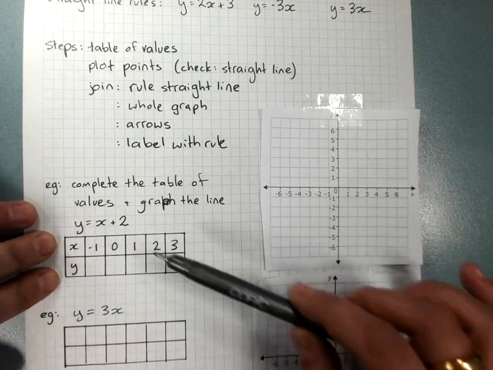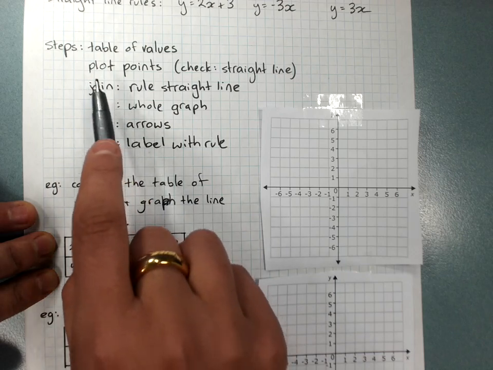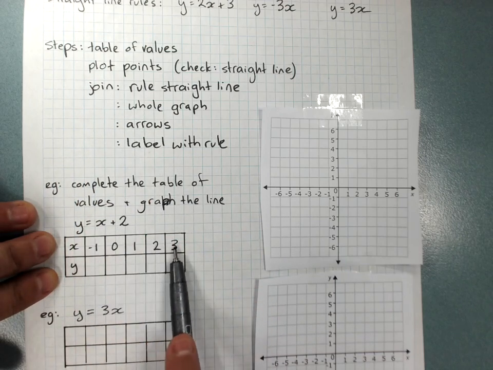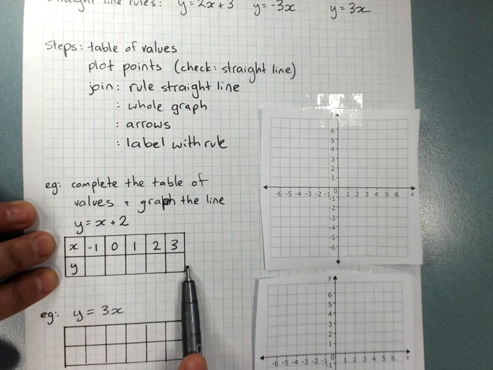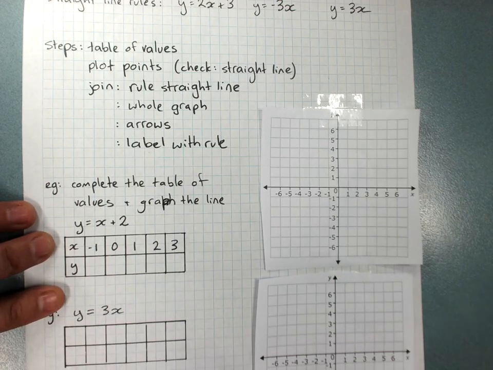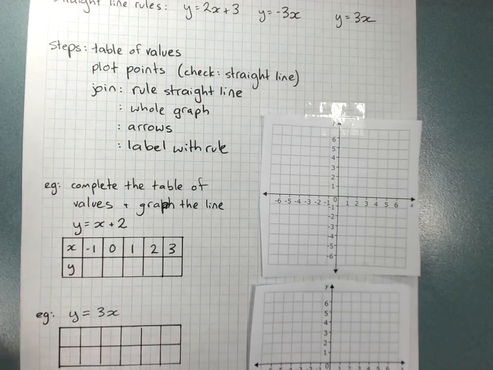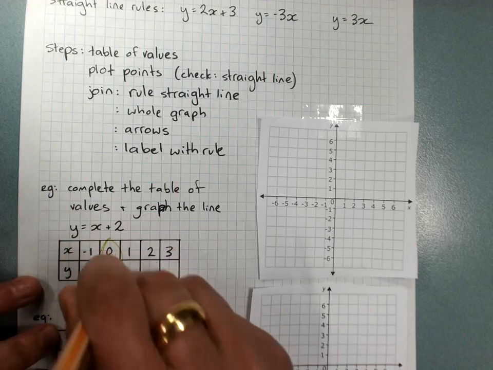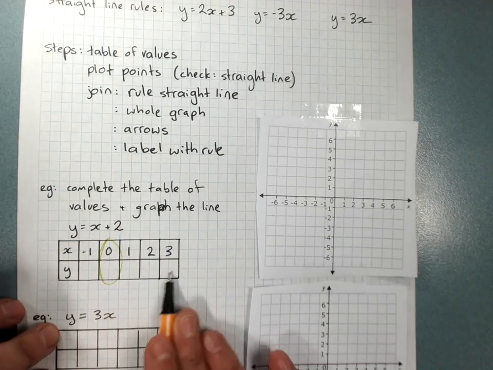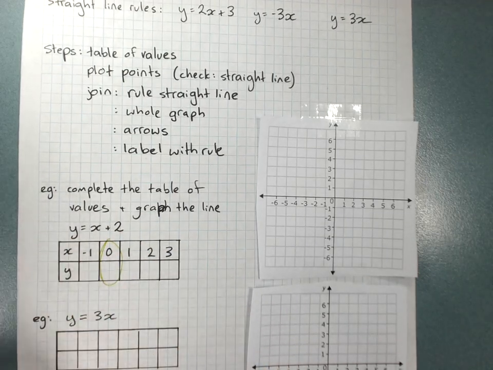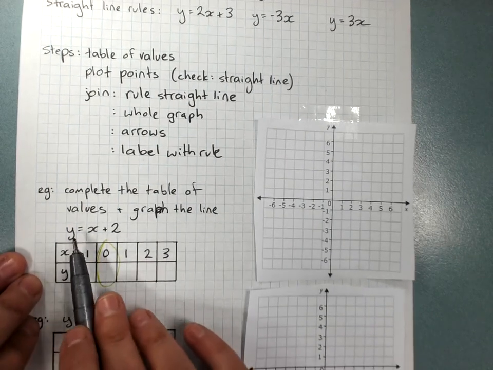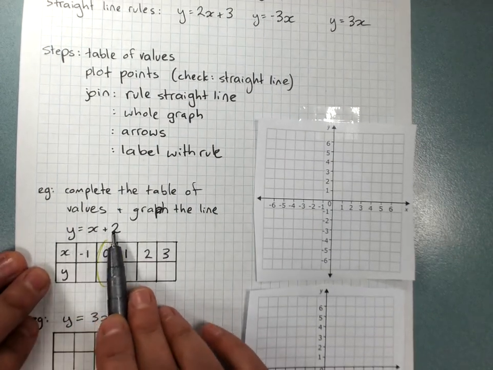So we can substitute in each of these values of x to find out what y would be, and that makes points. Now a little trick, it's easiest to start at 0 and go up into the positives and then do the negative one if we're feeling clever. So y equals x plus 2.